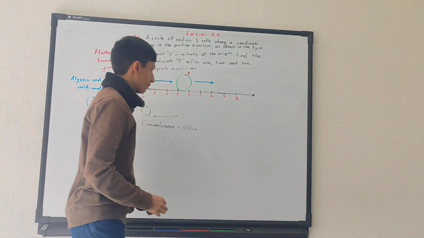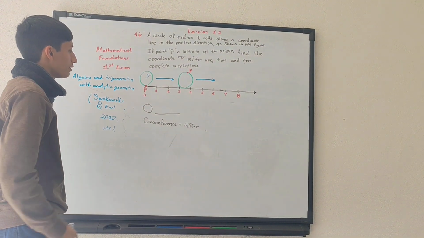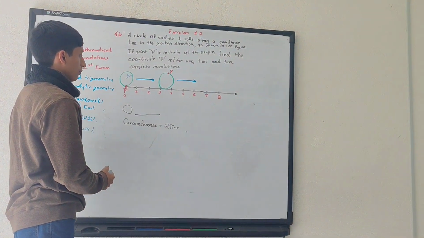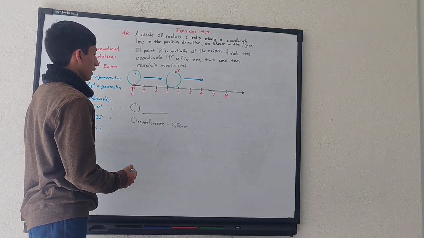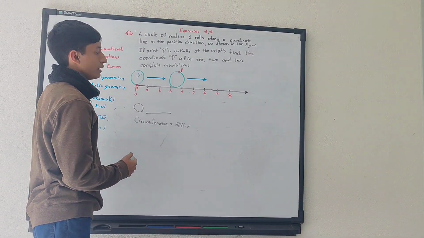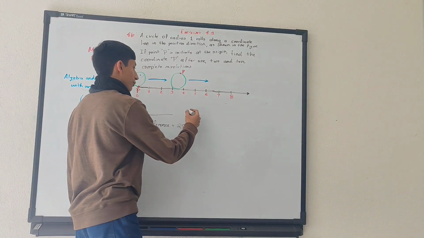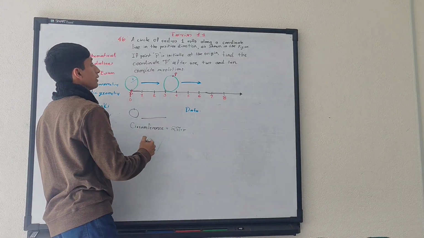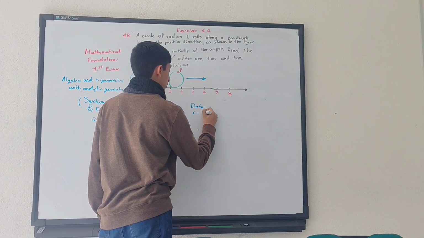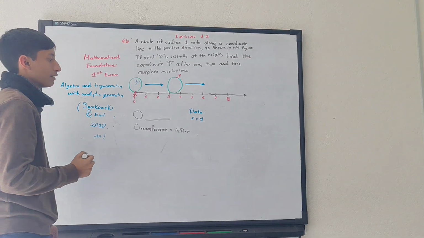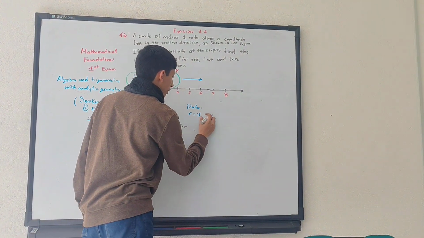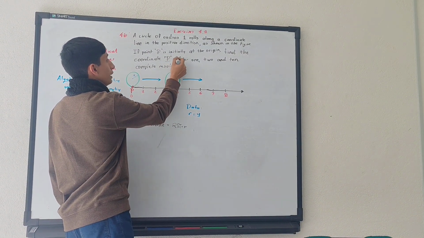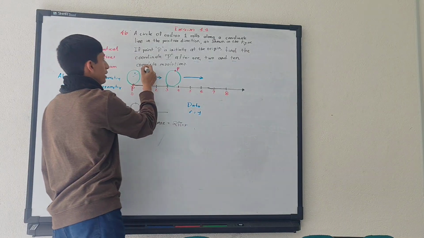So it is really easy. If this were a physics problem, we can write our data: the radius is equal to 1 unit. And we want to find the coordinate of P after 1, 2, and 10 complete revolutions.